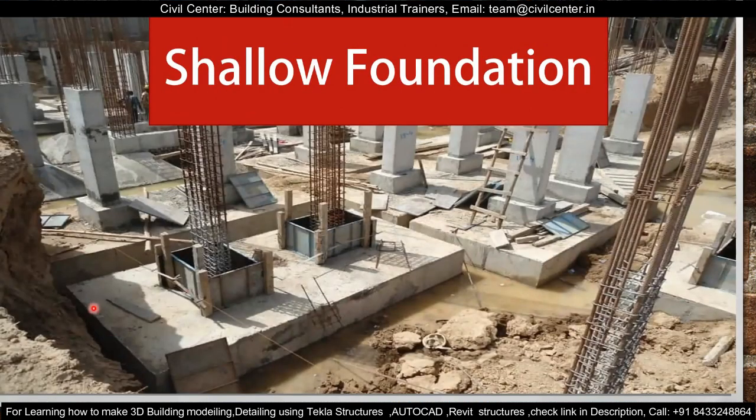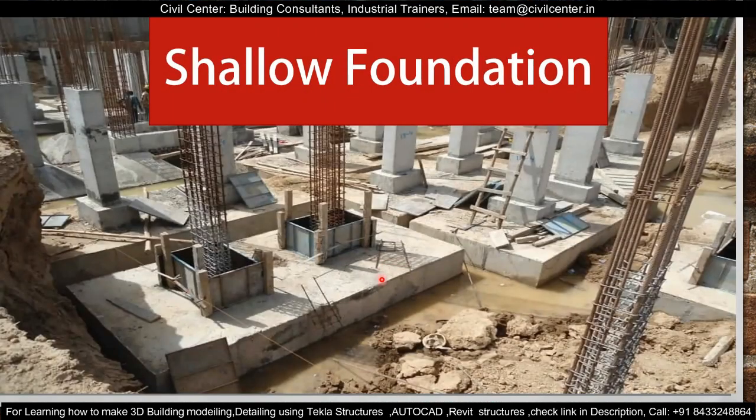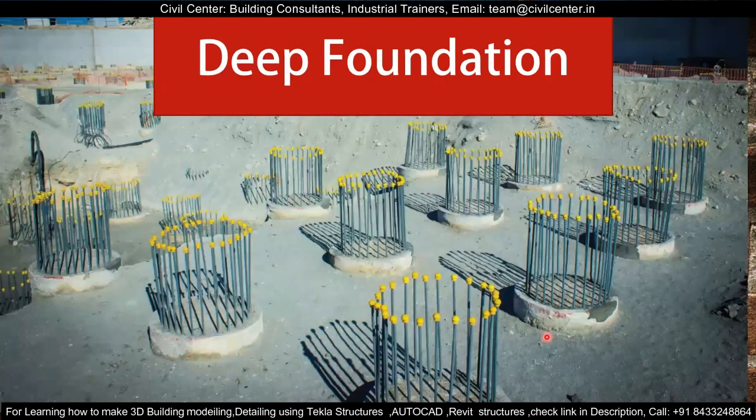If the width of the foundation is more than the depth, then it is shallow foundation, and if the width is lesser than the depth, then it is deep foundation. So where the soil hard stratum has a larger safe bearing capacity, there we will go for the shallow foundation, and where the soil bearing capacity is lower, there we will go for the deep foundation.